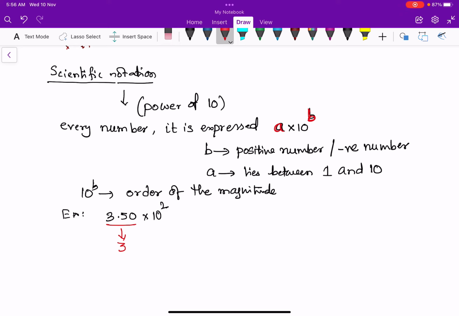You cannot count significant figures in the power. Only the significant figures in the value of a can be counted, right?